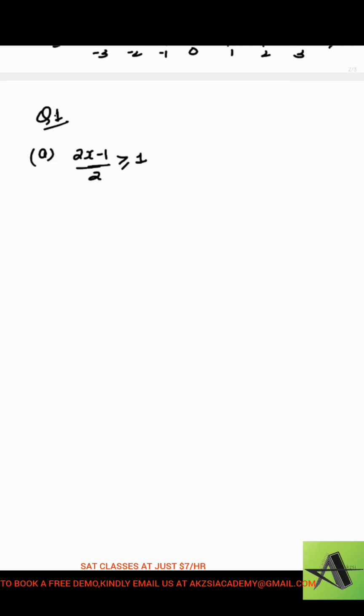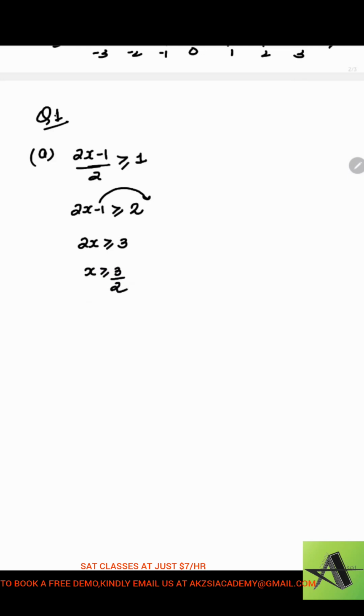Multiplying 2 to both the sides, it will be 2x minus 1 greater than or equal to 2. The next step would be adding 1 to both the sides, or you can say transposing. So this will give you 2x greater than or equal to 3. And finally, dividing both the sides by 2, you'll get x is greater than or equal to 3 over 2.